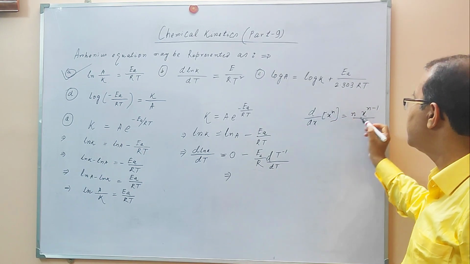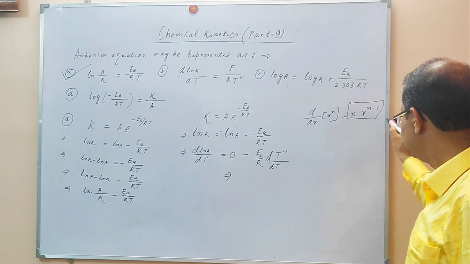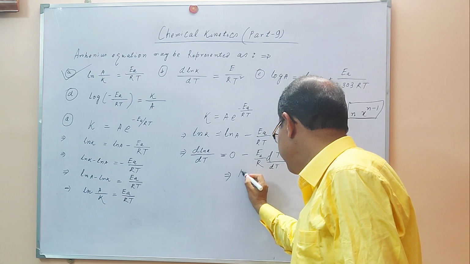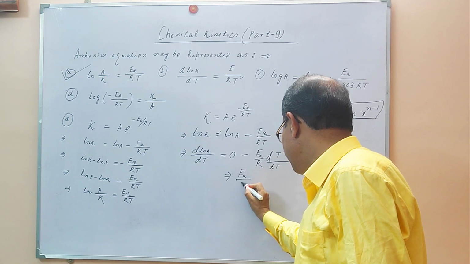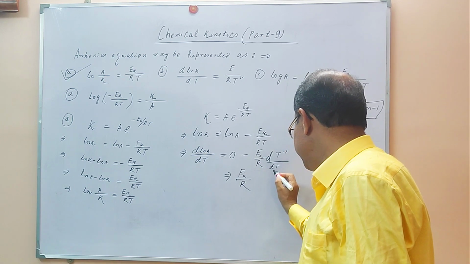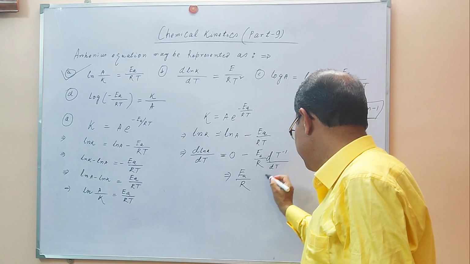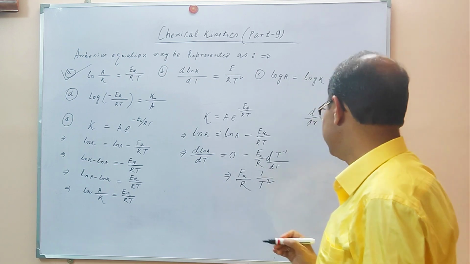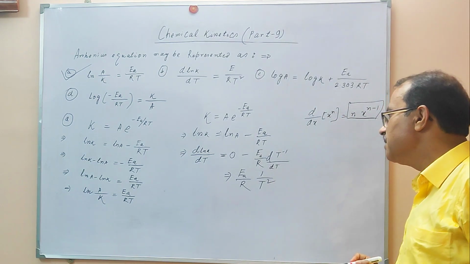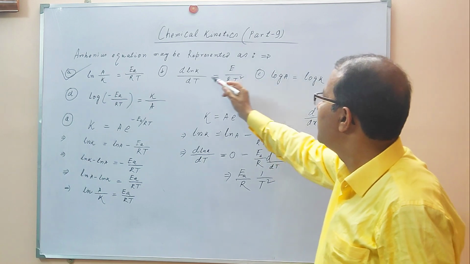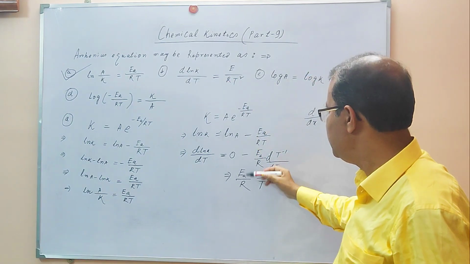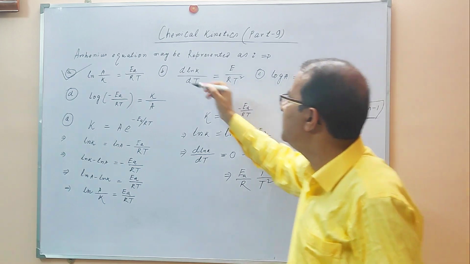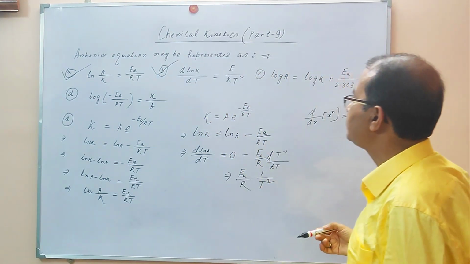X to the power n derivative is this. So you differentiate it. So what we will find? We will find EA by R, this minus value will come here, then it will come around as 1 by T square. Okay. So you see, this also matches. So this is again the right expression.